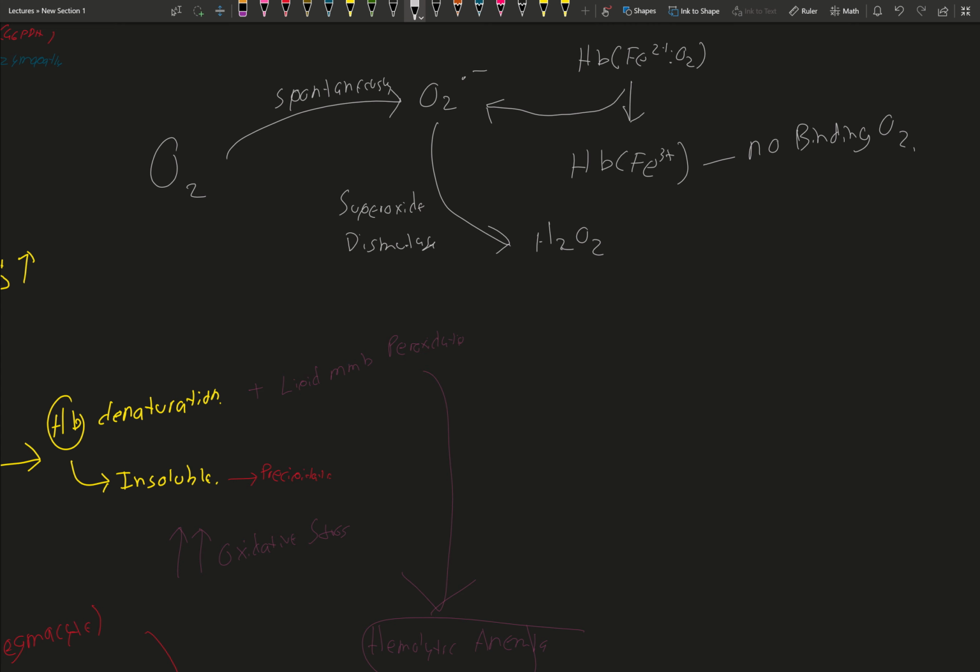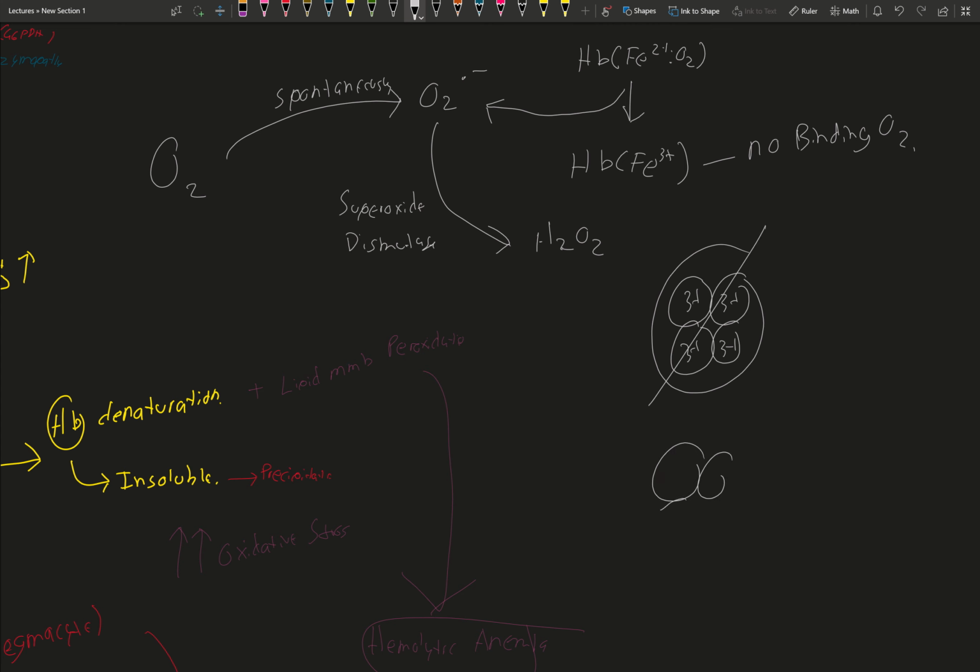However, it can dramatically increase the affinity of oxygen for the 2+ ferrous state. Because hemoglobin can have 4 iron ions, we can have some danger, because we can get to the point where all of these are in the 3+ state. If all of these are in the 3+ state, this hemoglobin molecule cannot bind any oxygen.